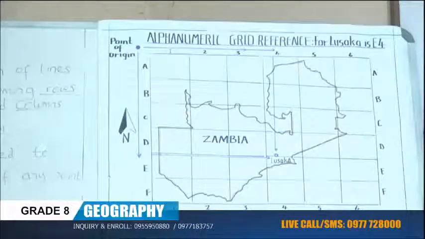Now, having looked at this, let us also go to what we call national grid. I will erase this first part. We go to what we call national grid.